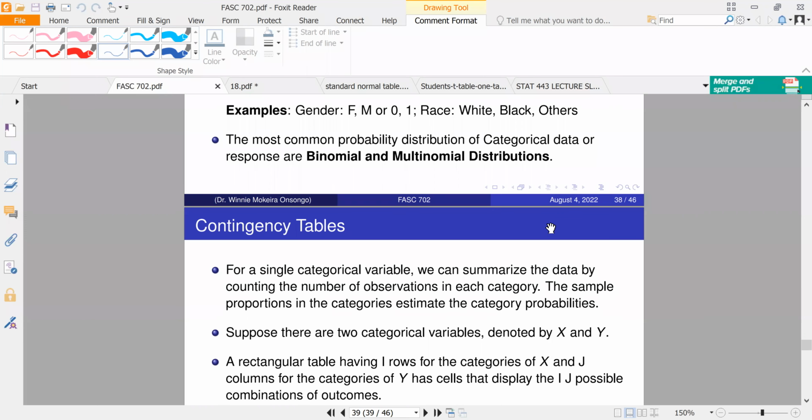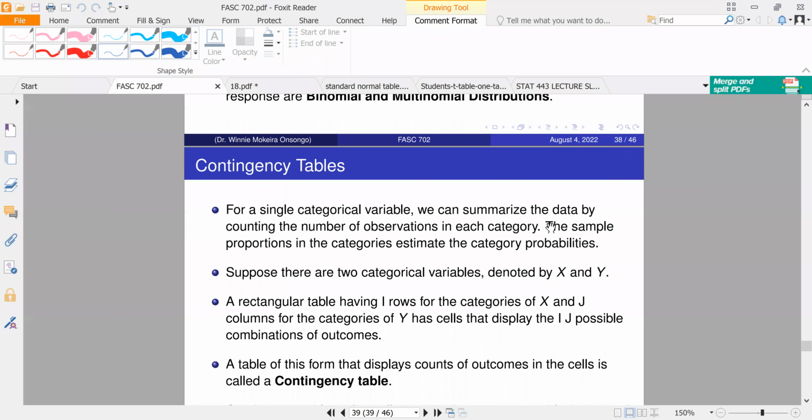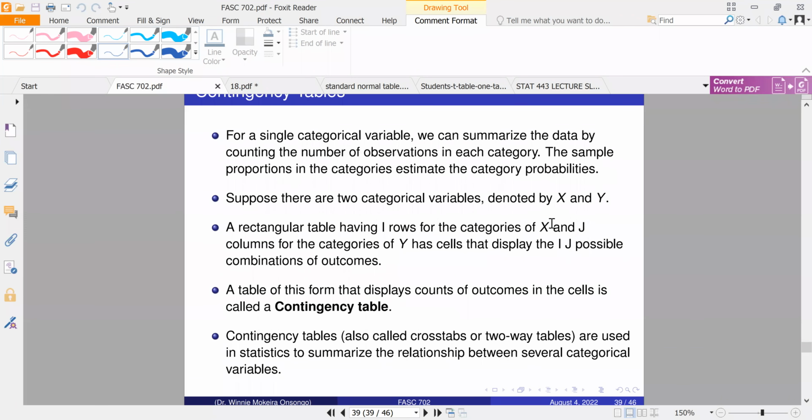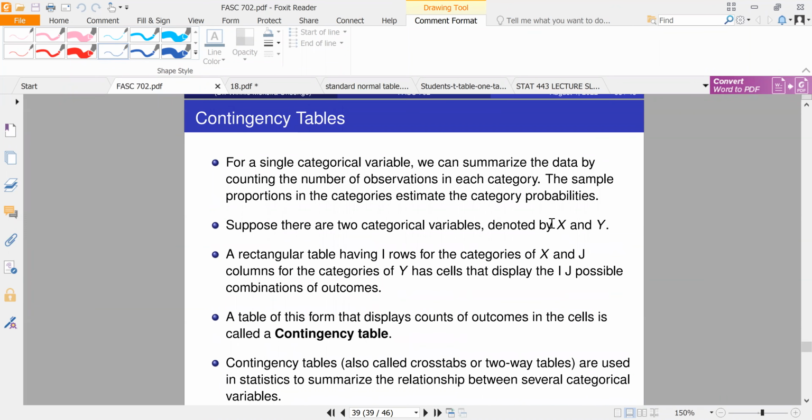However, there are situations where we can have more than one categorical variable. In that case, we have to use contingency tables. The contingency table is a tool that we use to easily analyze two categorical variables.